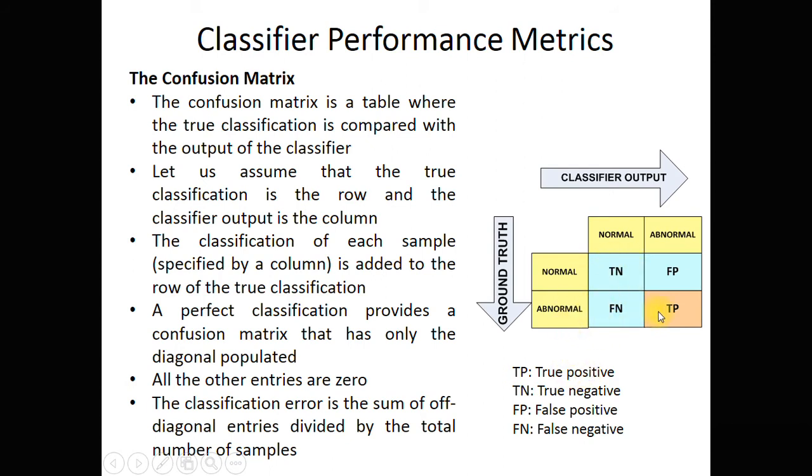Now, from the point of view of the abnormal patterns, if they are classified wrongly by the classifier as normal, we call them a false negative. If the normal is classified as abnormal, we call it a false positive. And if it classifies correctly as normal, then we call it the true negative.